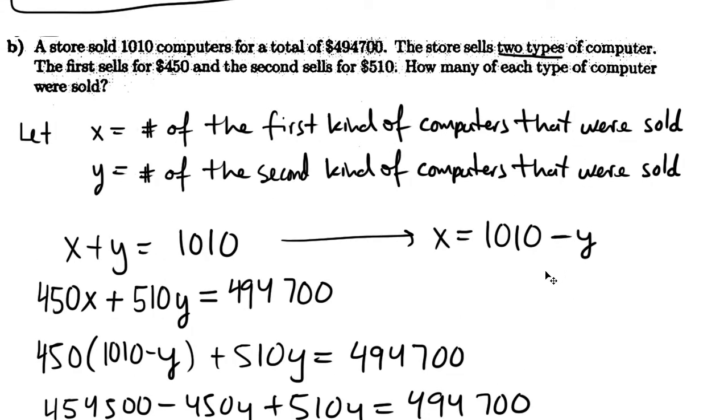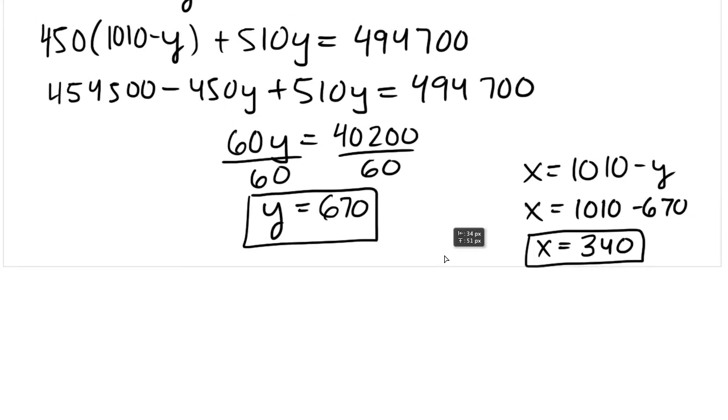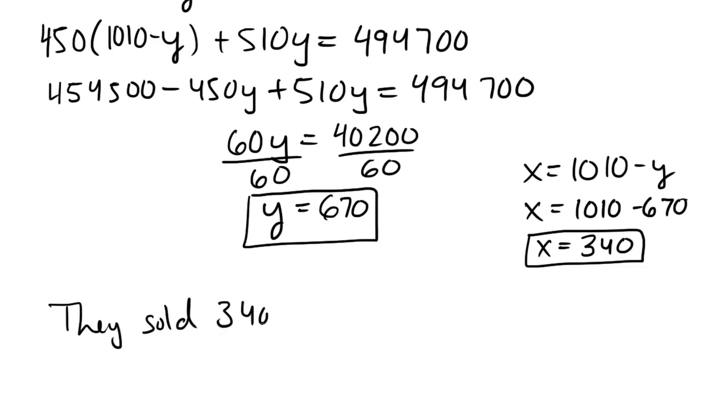So do we stop there? No, we should really give a little English sentence because the question was asked in English, so we should give our answer as a sentence. So they sold 340 of the first kind of computer.